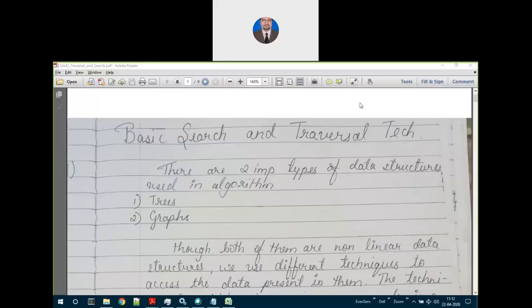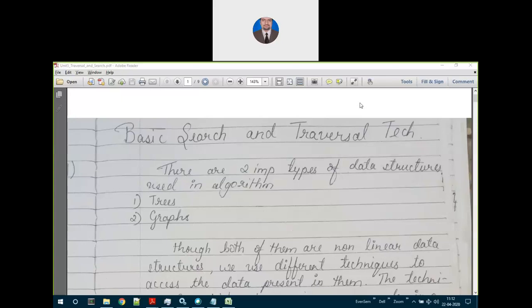So in this particular concept, that is basic search, we are going to focus on binary trees. Binary trees means each node can have a maximum of 2 children, not more than that. A particular node, which we usually call a parent node, can have a maximum of 2 children.